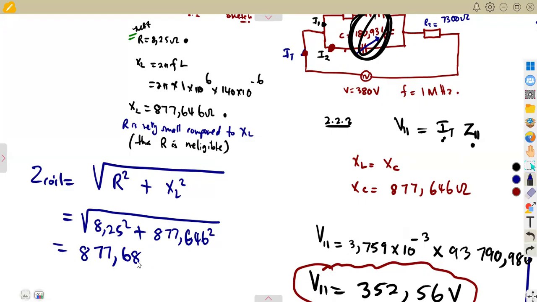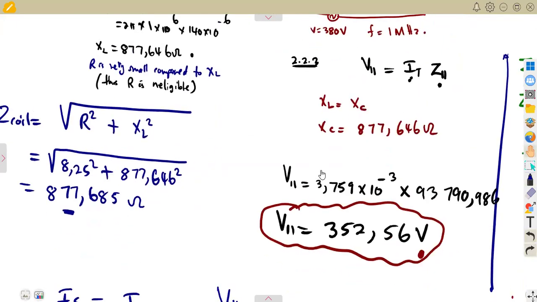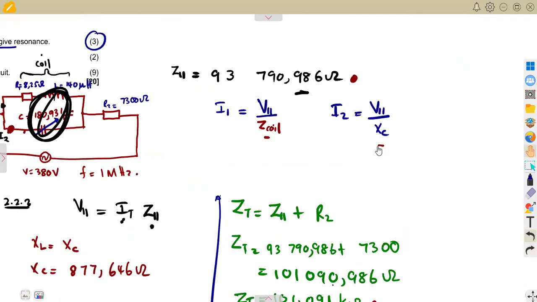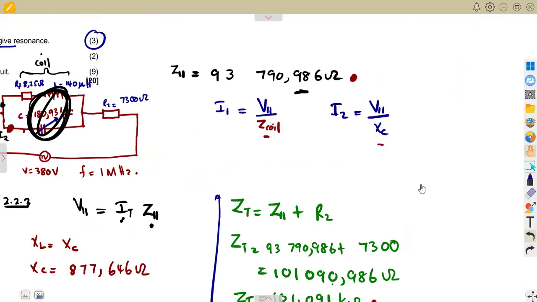Guys, look at what you're having. It is simple. It is actually almost the same. There was no need for you to have this, because it is the same. It is negligible. So you can even use this, as I was saying before, that you can just take your Z coil to be equal to XC when it is like that.